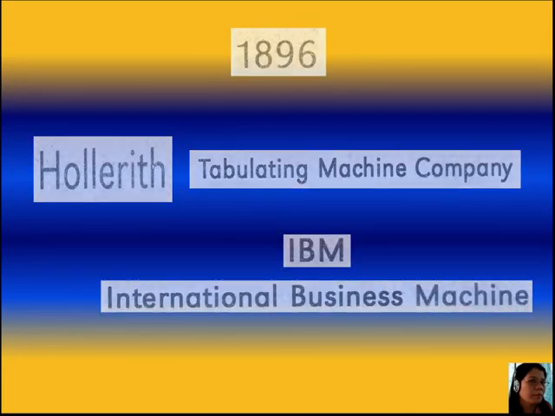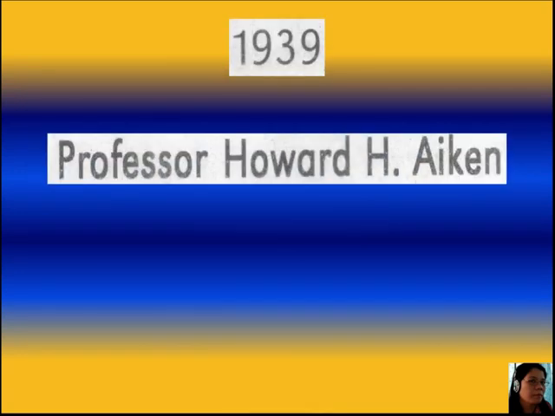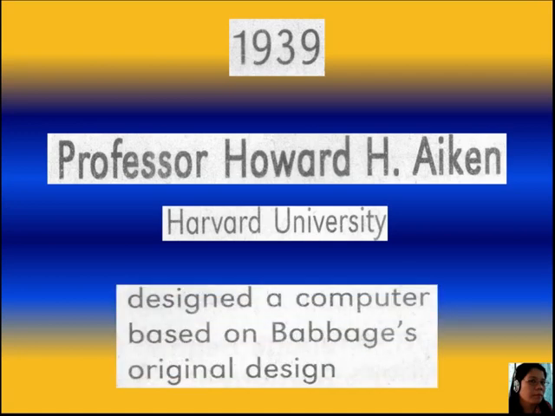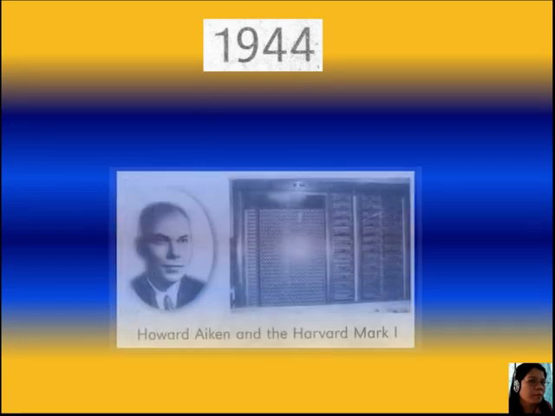In 1939, Professor Howard H. Aiken of Harvard University designed a computer based on Babbage's original design. In 1944, the Harvard Mark I, as Aiken's computer was known, became operational.